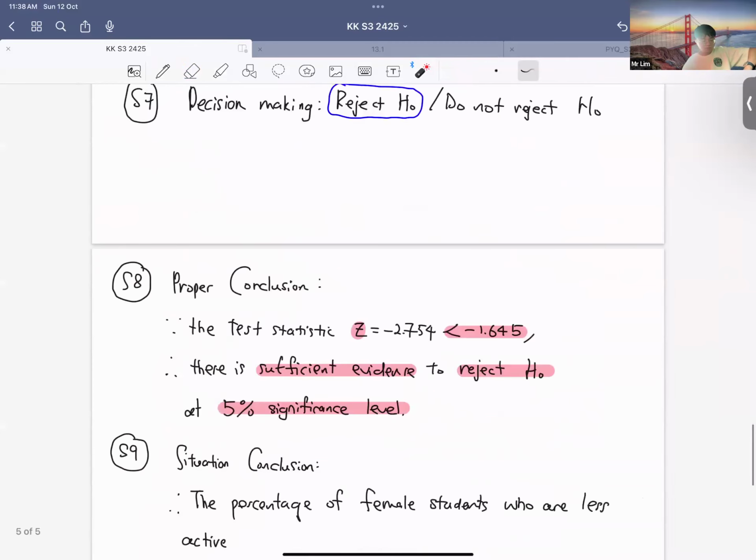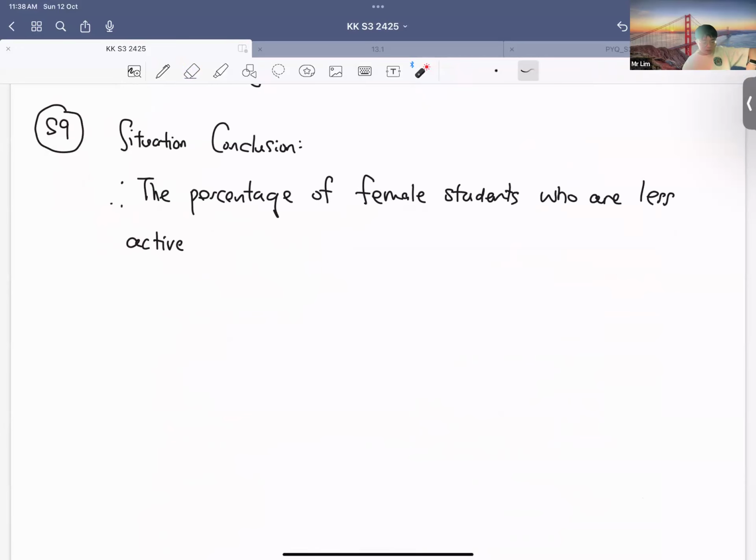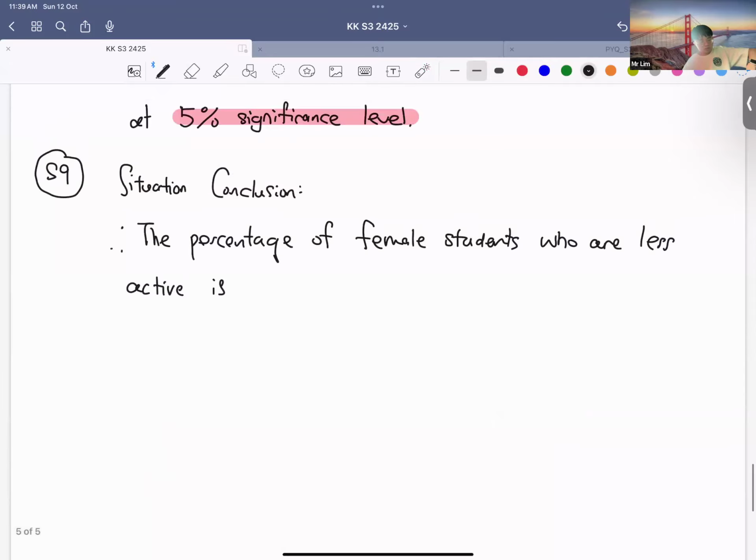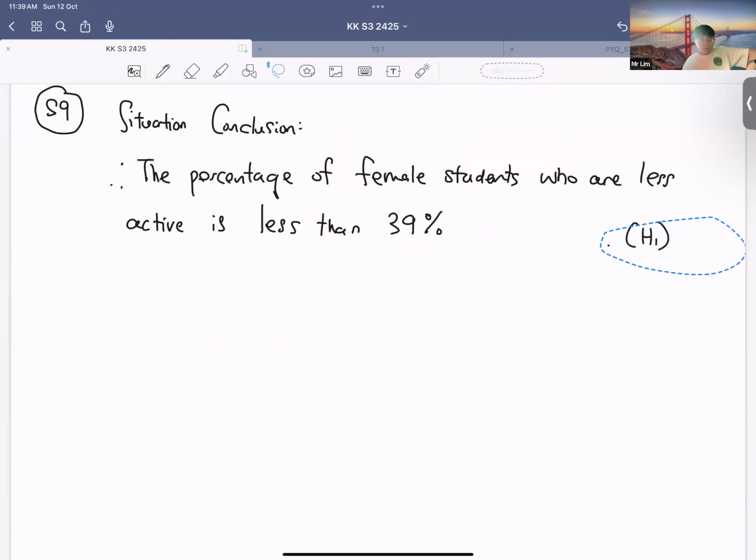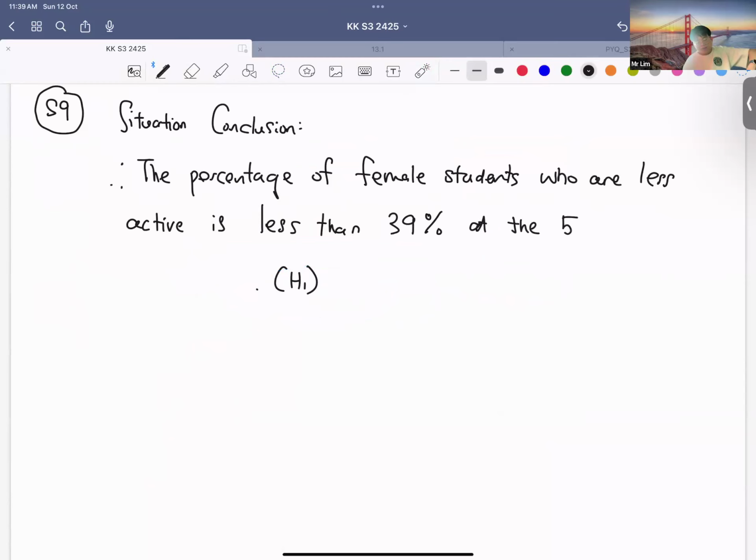Okay, the percentage of female students who are less active is less than 39%, because this is my H1. Okay, it's better again to say that at the 5% significance level.